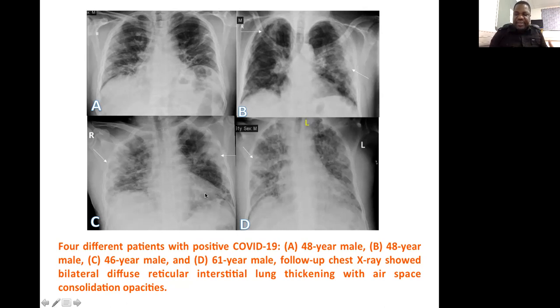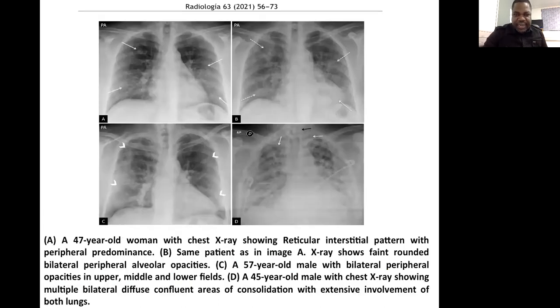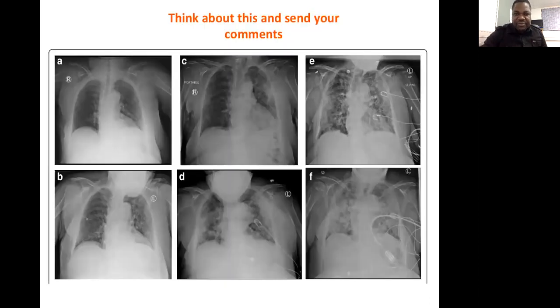So they show reticulation with consolidation in their lungs bilaterally. And here you can also see areas of reticulation and consolidation that come together. Most of those lesions are bilateral, on both sides of the lung.